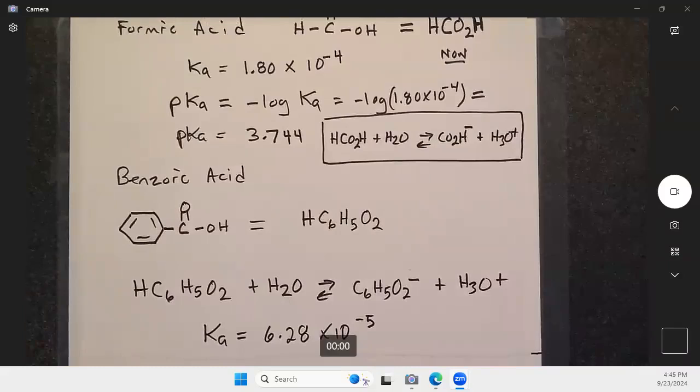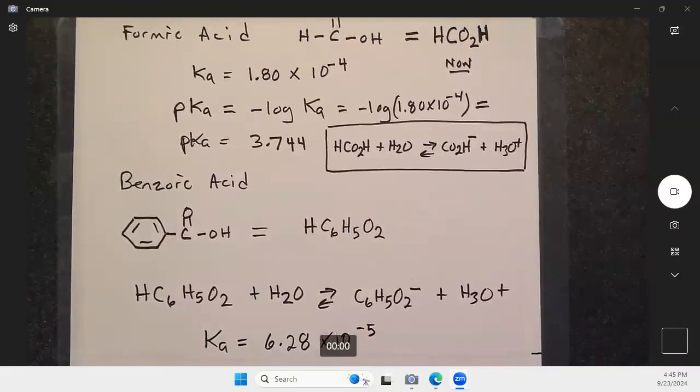So which of those two is the strongest acid, formic or benzoic, based on the information you have right now? The one that has the larger Ka value is the one that's going to produce more hydrogen ion or hydronium ion in solution, because the equilibrium lies further to the right on the larger number for Ka. So formic is a stronger weak acid than benzoic.